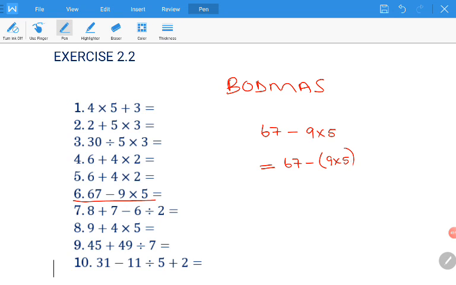We put brackets on multiplication because multiplication comes before subtraction. So this is equal to 67 minus 45, which gives us 22. On these ones, I encourage you to check the answers with your calculator.